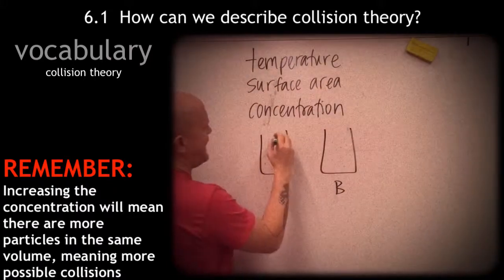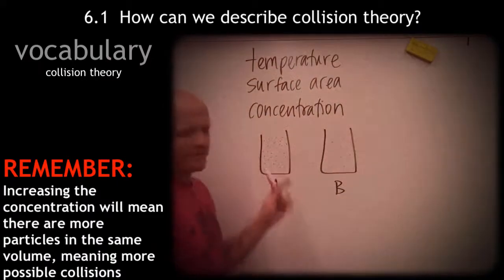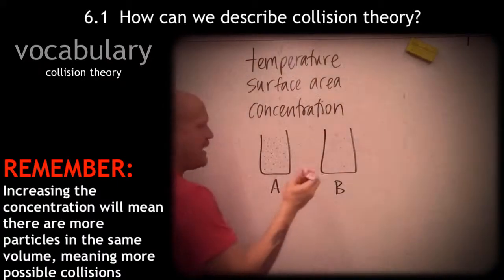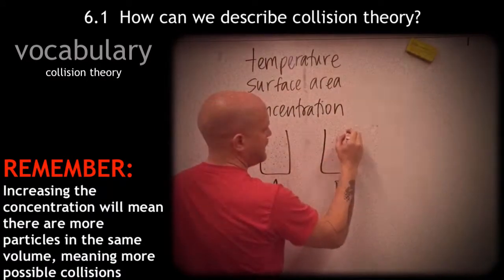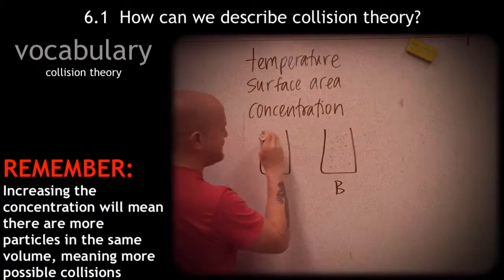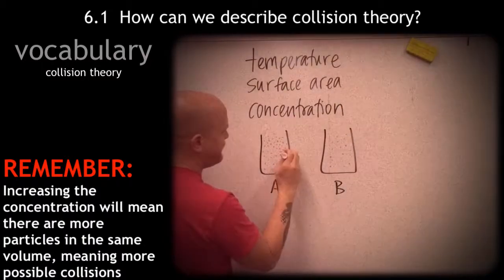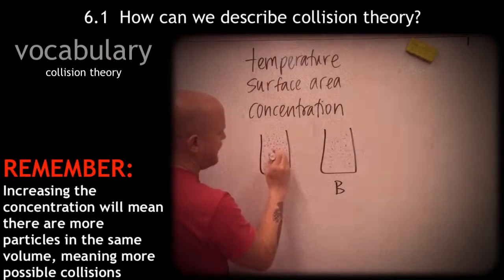So if I look in beaker A, I have a lot more of these green dots. If I look in beaker B, I have a lot less of the green dots and a lot less of the red dots. So I'm going to add about an equal amount of red dots. I think you're getting the point.